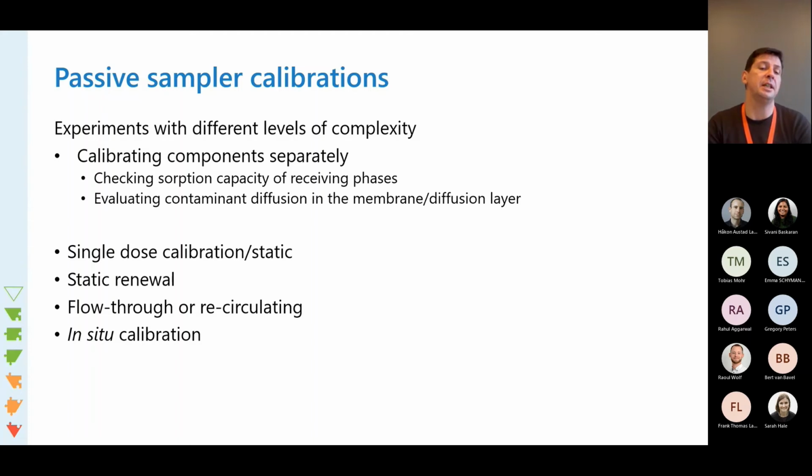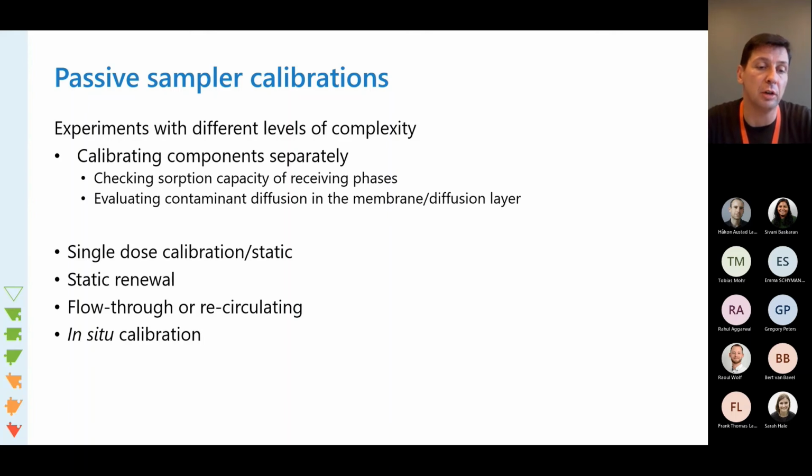Then you've got some static renewal system. So it's the same system, but you change the water and spike again the chemicals you're interested in, so that the sampler is exposed to a concentration that will vary a little bit, but is relatively constant over 5-10 days or whatever.